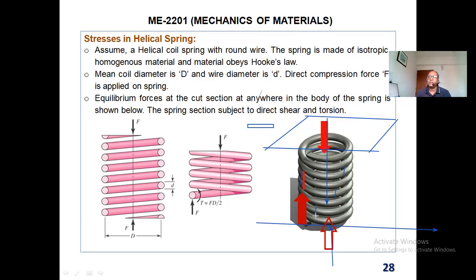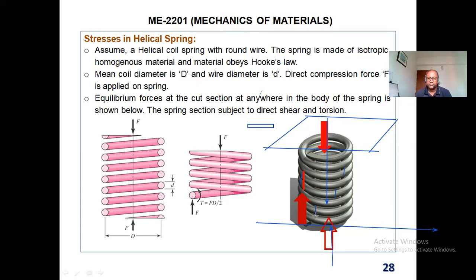That means it's a complete failure. But in a leaf spring, if one plate breaks down or fails, you can change that plate only. This is the advantage of the leaf spring. While in the helical spring, this is the problem. The disadvantage is that if it fails, you need to change the whole spring.